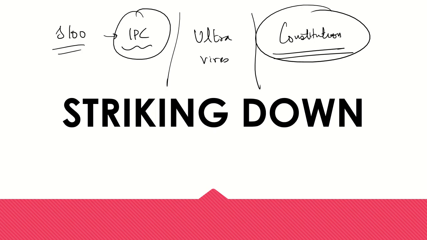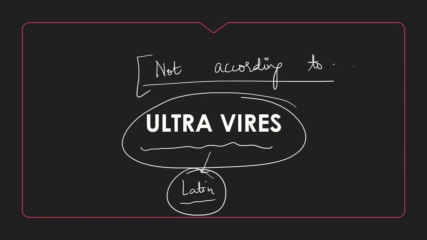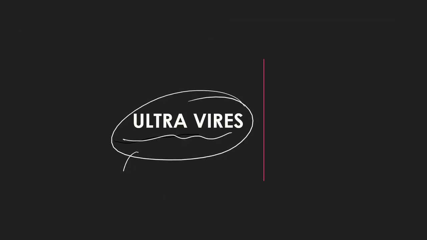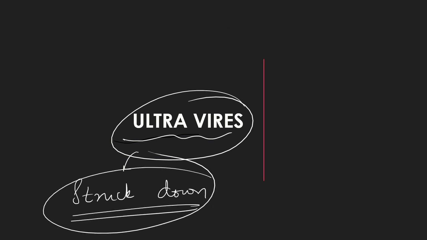We had seen earlier that every law must be in accordance with the constitution. This means it has to be removed. This act of removing by the court, right? So when something is ultra vires, it is struck down. Okay. And this is something which is done by the court.